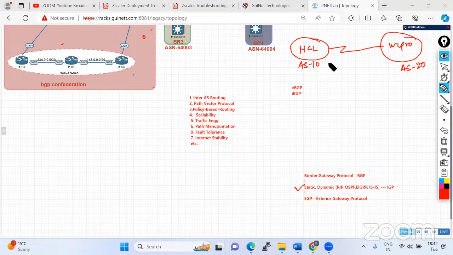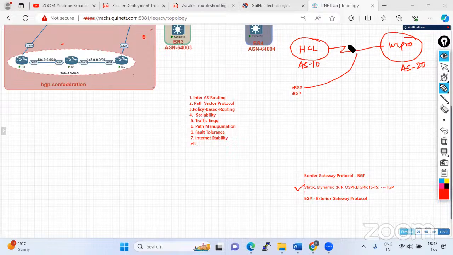When we want to make connectivity between these two companies, which are completely two different entities, then we have to use eBGP, that is known as external BGP, right? So exterior or external BGP is the same thing, right?